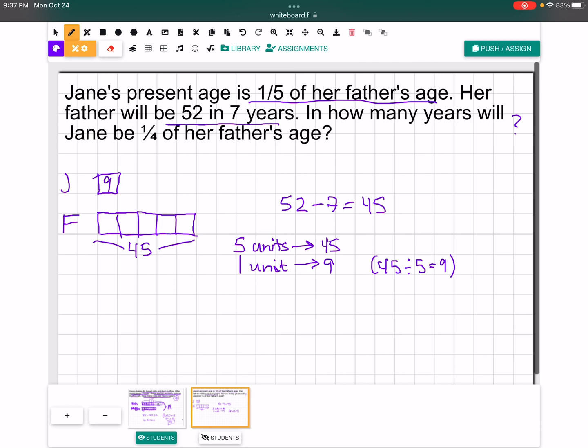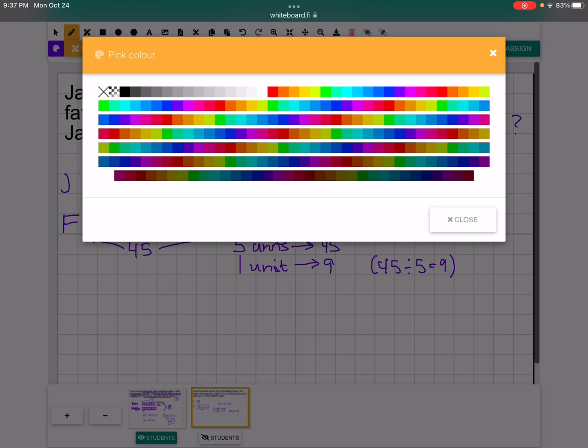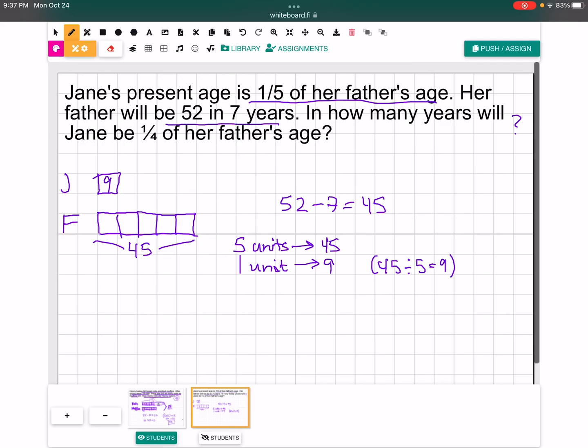I think we could ask another question, and that question would be, what is the difference of their ages? And I think that's an important question to ask. So I'm going to draw a line here and a line here, and I'm going to ask, is this knowable?